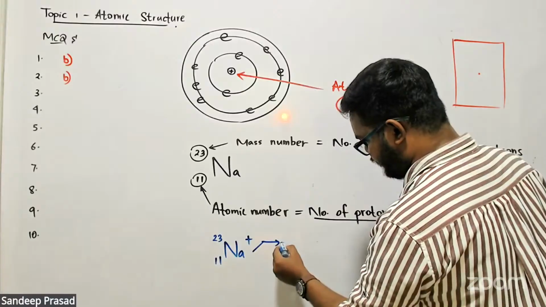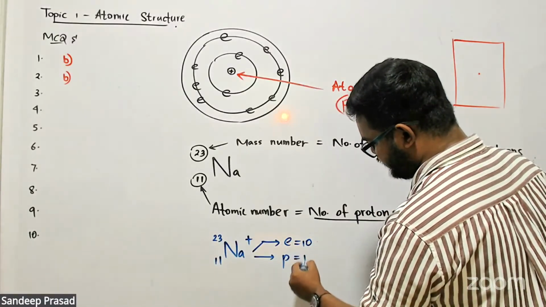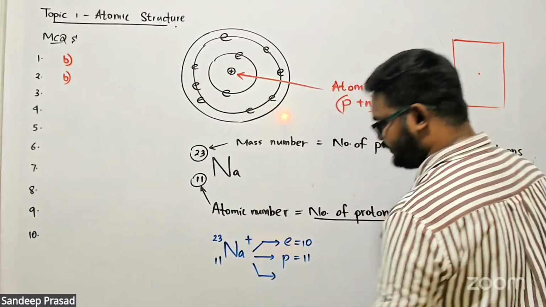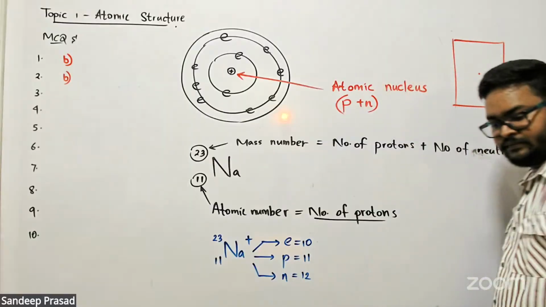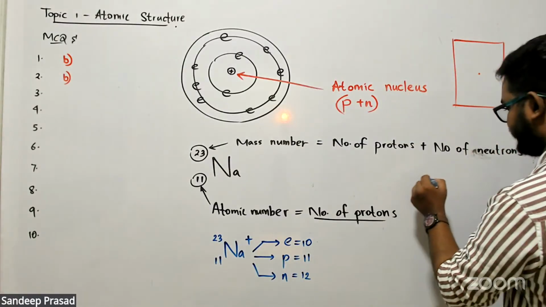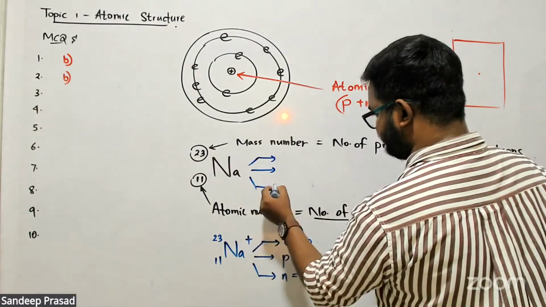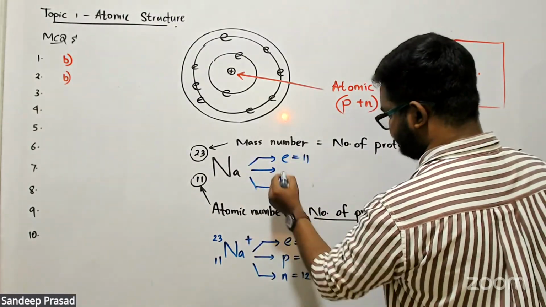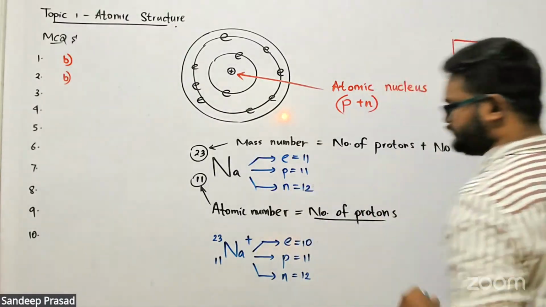The number of electrons is 10. Number of protons, 11. Number of neutrons, 12. But when you consider the sodium atom, number of electrons is 11, number of protons is 11, number of neutrons is 12.